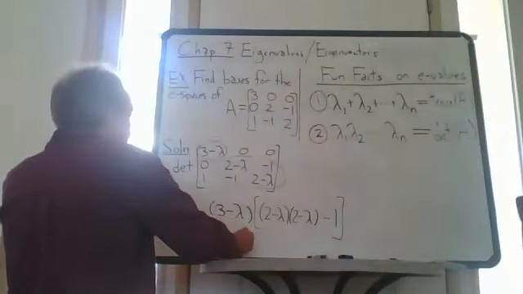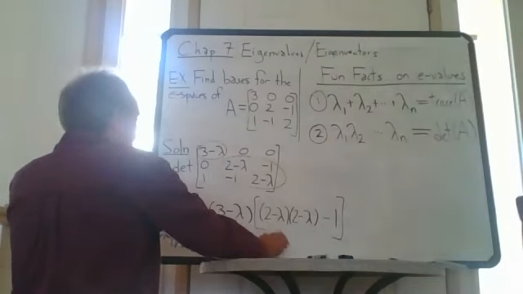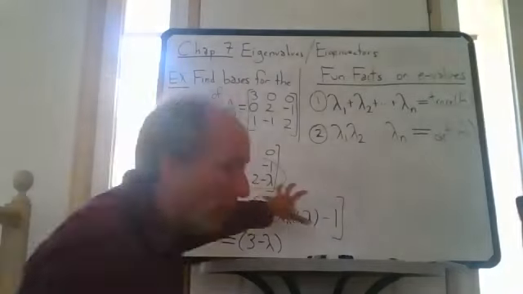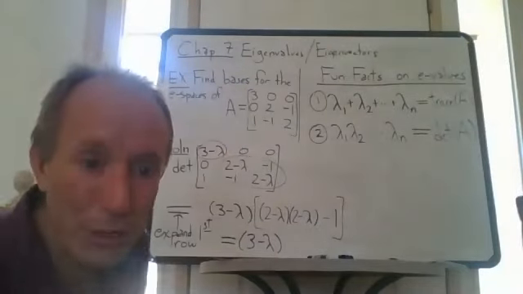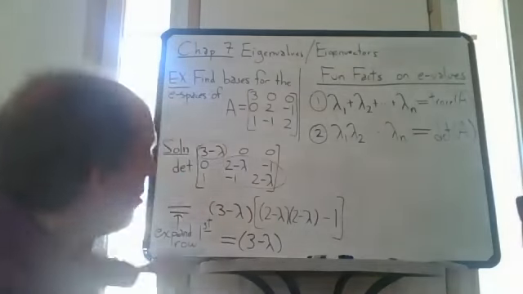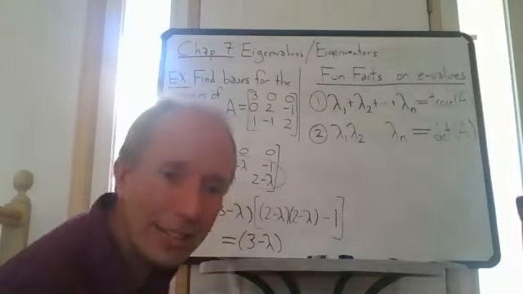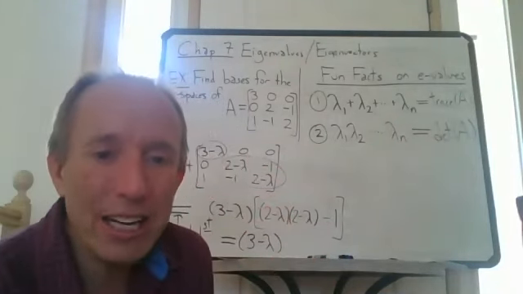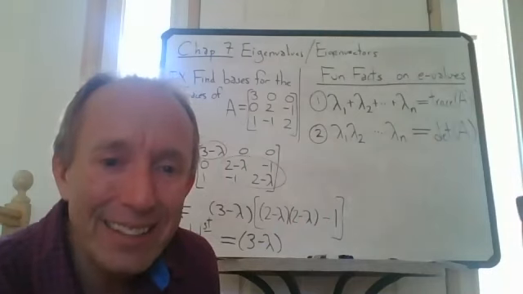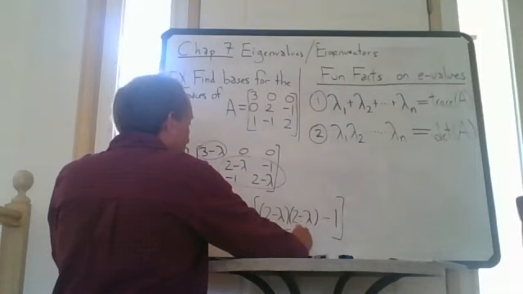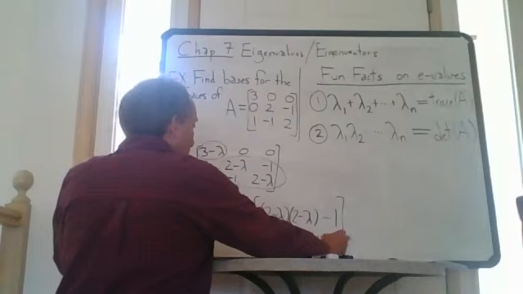And it's great that the 3 minus lambda is already factored out in front. Now, what about the part in the bigger brackets that I drew? I drew those bigger brackets on purpose to keep it clear in my head what I need to do. That one does not factor immediately, but the part just in brackets is only a quadratic equation, right? Let's just see that. If you multiply out the part that's in brackets, you're going to get lambda squared minus 4 lambda plus 3.